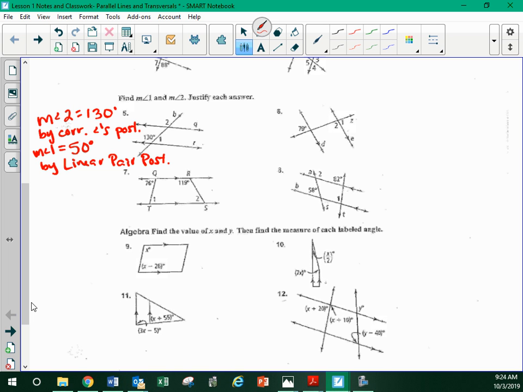I trust now that we can look at the picture, recognize these are a linear pair, and just apply linear pair postulate. And I trust that we can recognize vertical angles and just apply vertical angles theorem. So from here on, I'm not requiring you to use the definition of linear pair or vertical angles to identify, or the definitions of corresponding, alternate interior, alternate exterior, same side interior, same side exterior before applying the postulates.